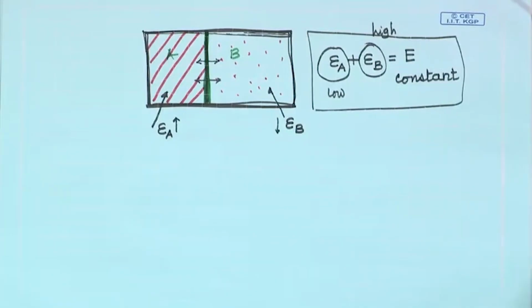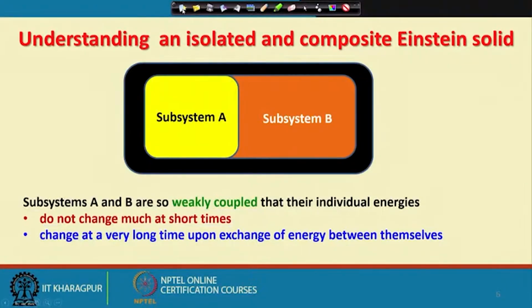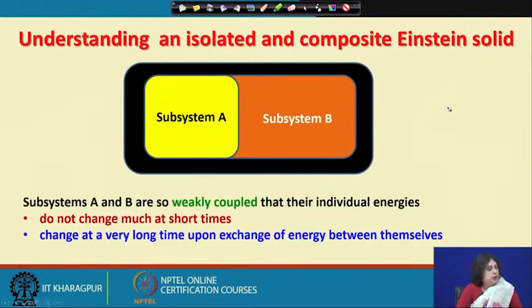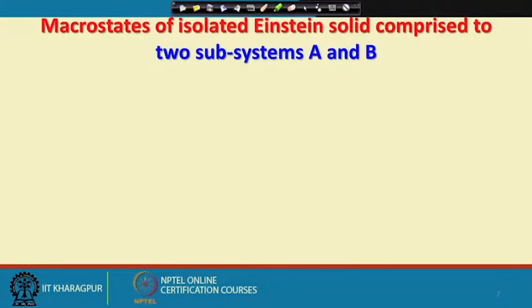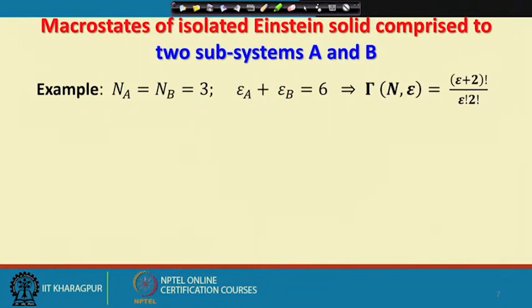So, that is the basic idea behind designing this kind of system, and there are certain points that I would like to highlight, as follows. If I look at the macro states of the isolated Einstein solid comprised of these two subsystems A and B, let us say in compartment A I have three simple harmonic oscillators, and in compartment B I have 3 simple harmonic oscillators.